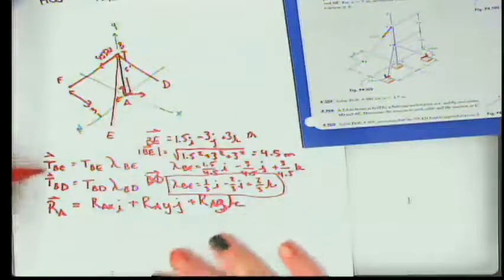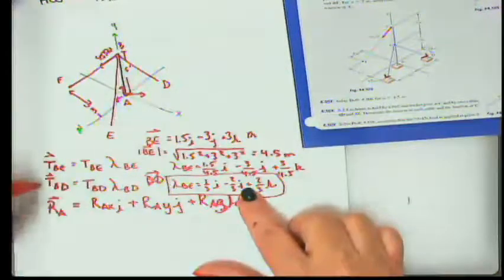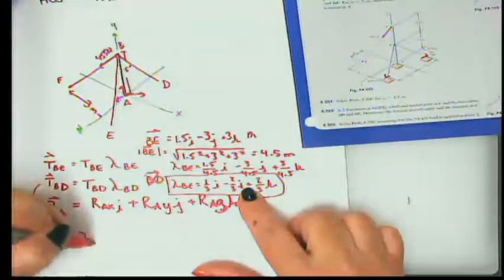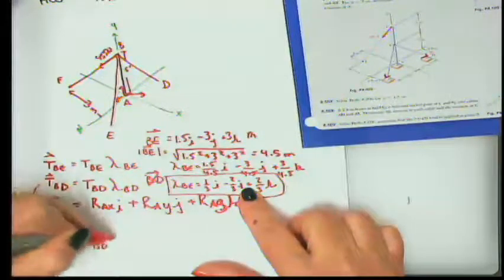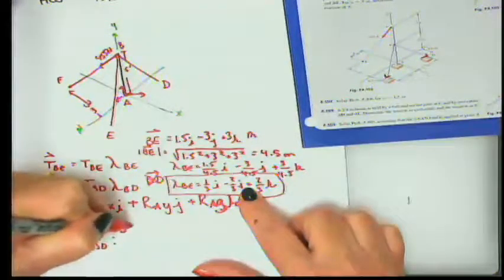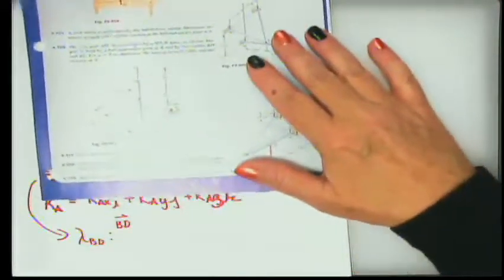Then we need to do the same. We've got lambda BE. We need to do the same for lambda BD. So the first thing we do is we find the vector BD, and we use our dimensions just like we did before.